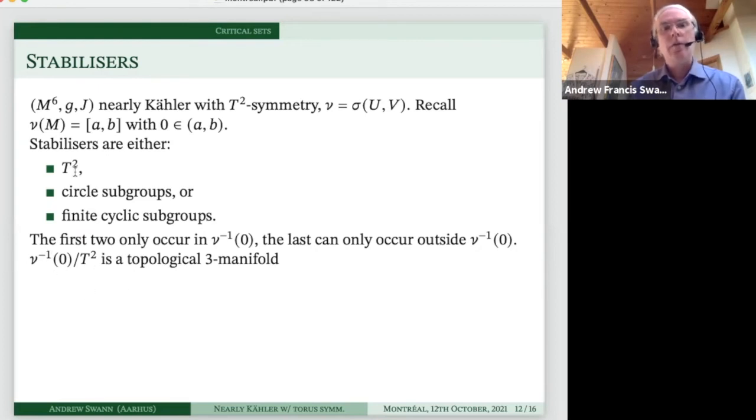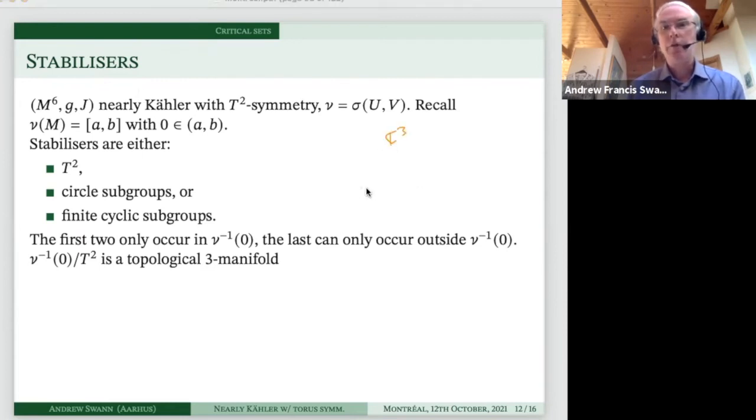So these T2s and circle subgroups: if you have a T2 that corresponds to a fixed point, the local picture is the action of a maximal two-torus acting on C3 as a subgroup of SU(3). So what you get there is a picture of C3, let's try and draw C3.